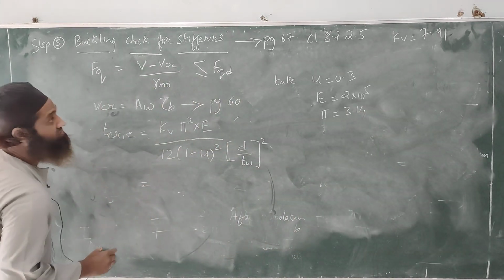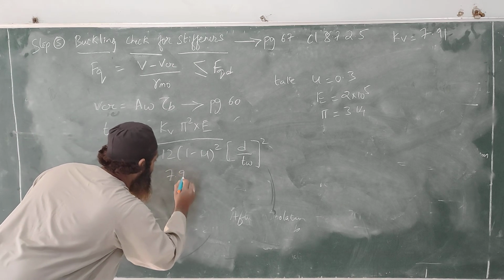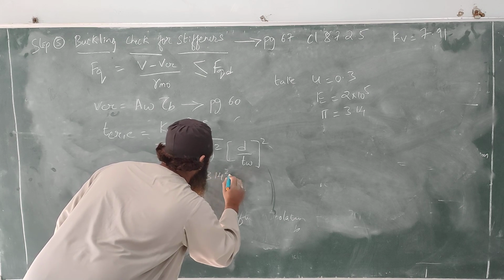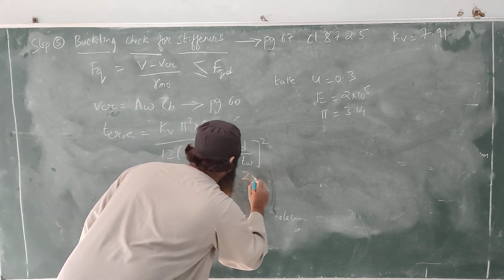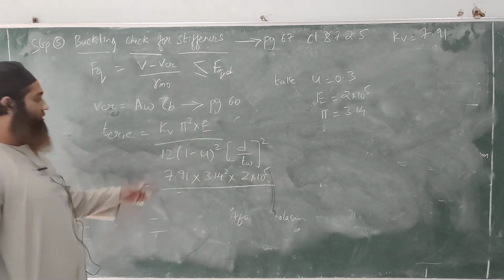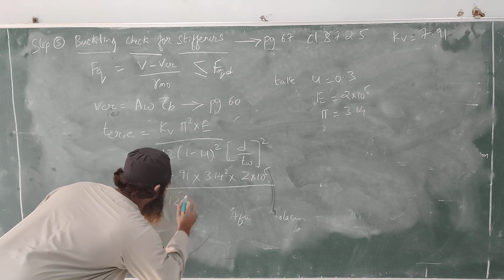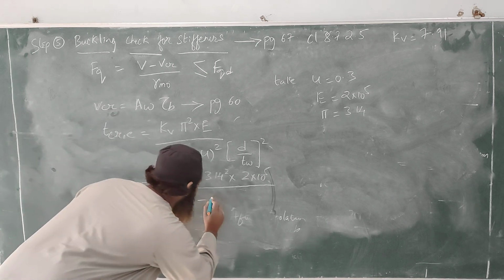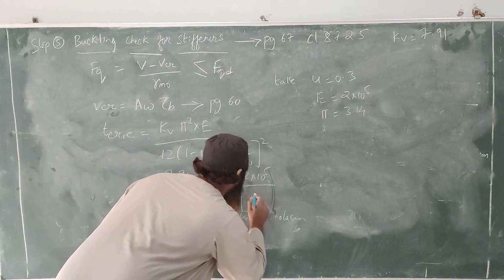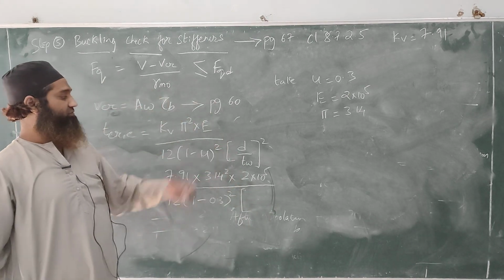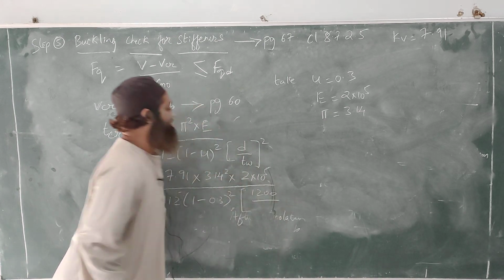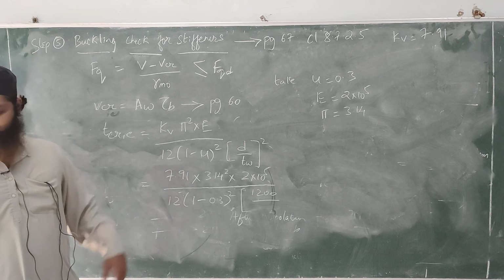kV is 7.91 into pi square, 3.14 square, into 2 into 10 to the power of 5 by 12 into (1 minus mu, 0.3) square, into d value, as we know, this is the depth of the web, that is 1200, and the thickness of the web we had taken as 12.